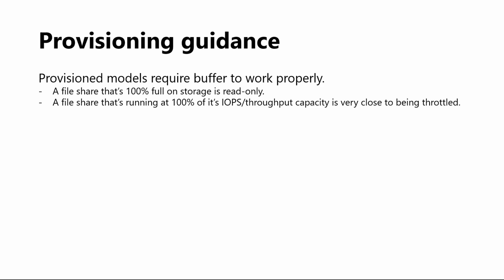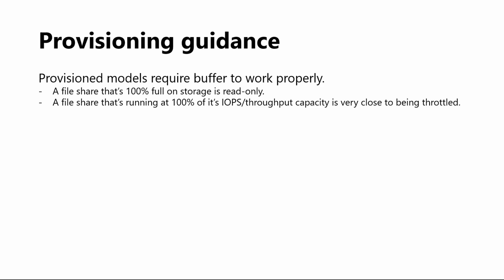The other thing I wanted to highlight is that a file share running at 100% of its IOPS or throughput capacity technically can work. You get all those IOPS, you can use them all, and they're kind of ephemeral. So if you use 100% in one second and then 0% in the next second, it's not like, because you used 100% last second, you can't use 100% next second. Running at 100% of what you've provisioned is also a bit risky because if you go over that provision line, then you'll be throttled.